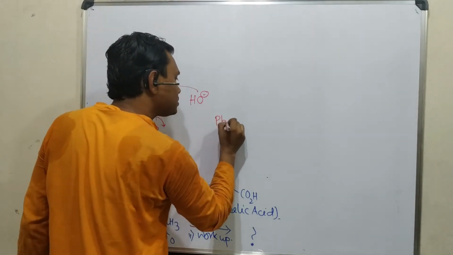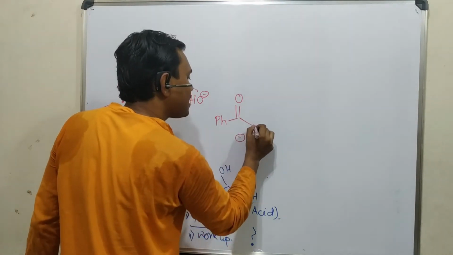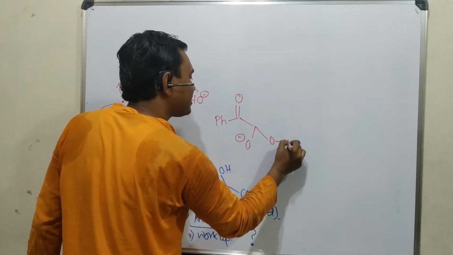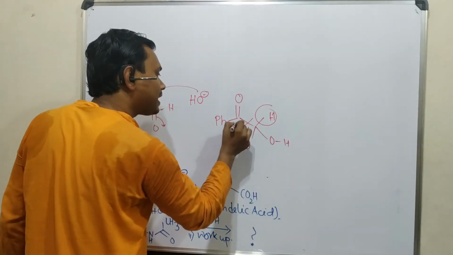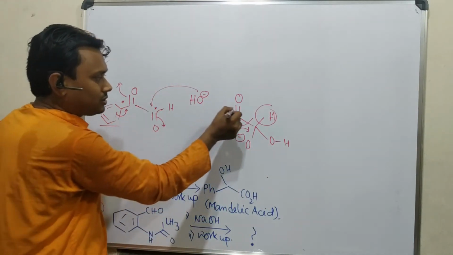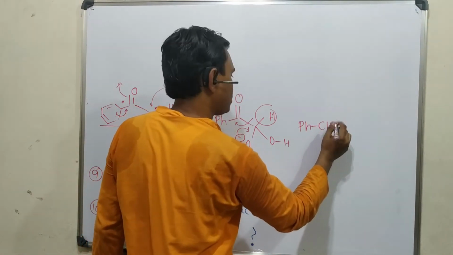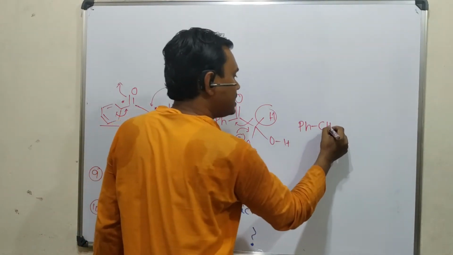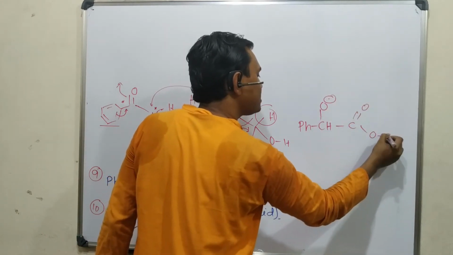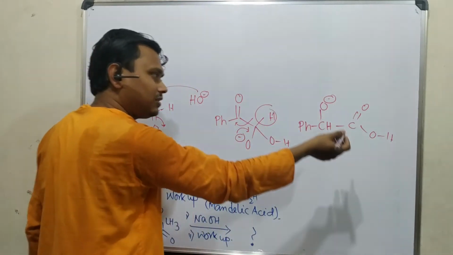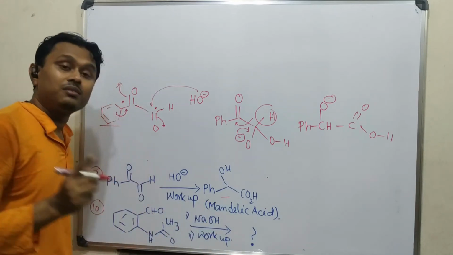If hydroxyl attacks here, this will open up, so what will it produce? It will produce this O minus, this is OH, and this is hydrogen. Now it can push and this hydride can attack here. So what will be the product? This part will be CHO minus, and on the other side this is OH and this is alkoxide, so they will exchange their proton, and after that this is called mandelic acid.